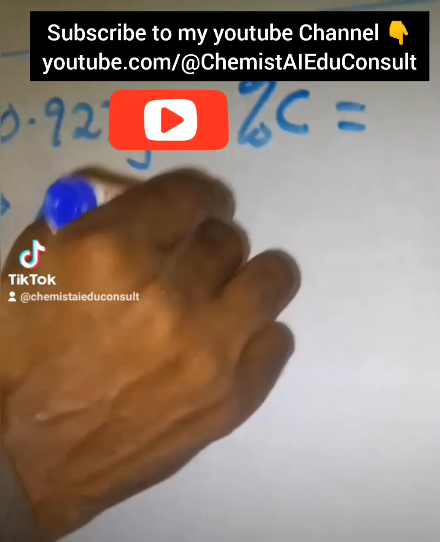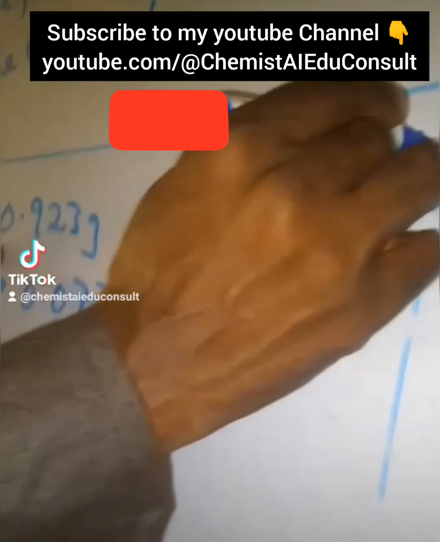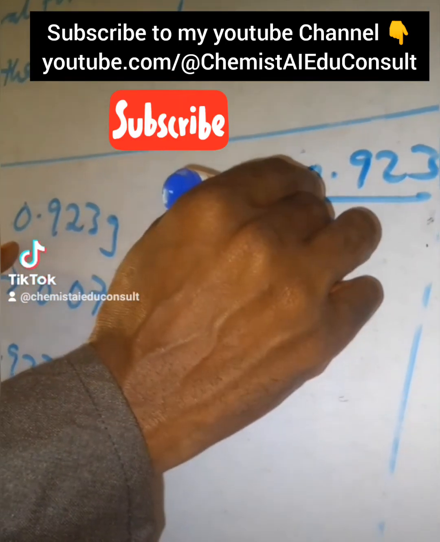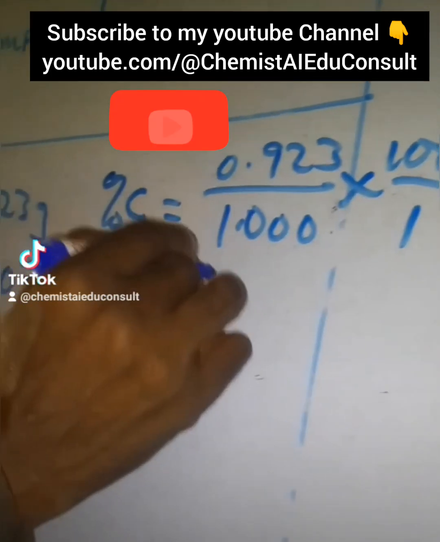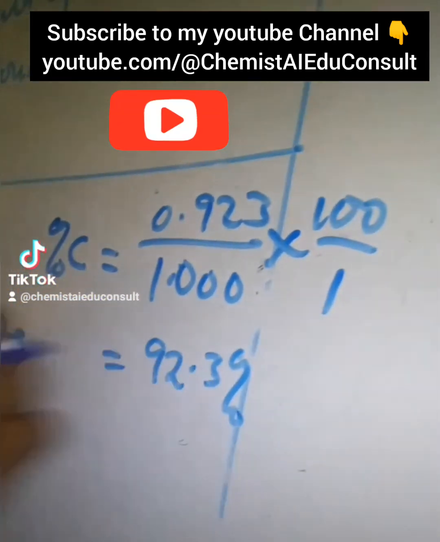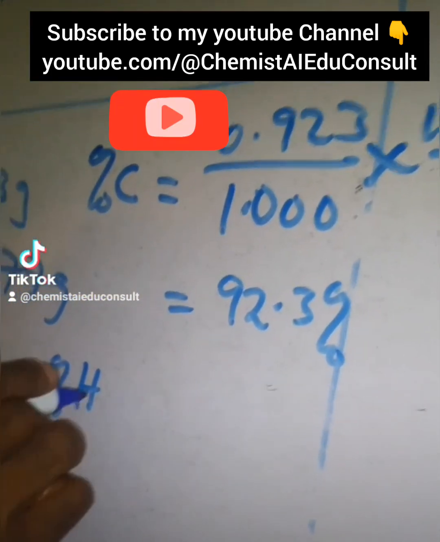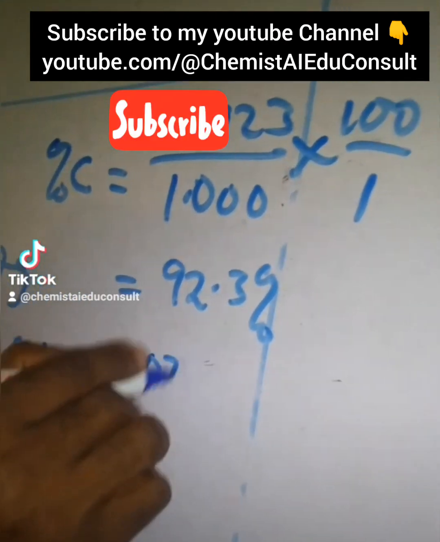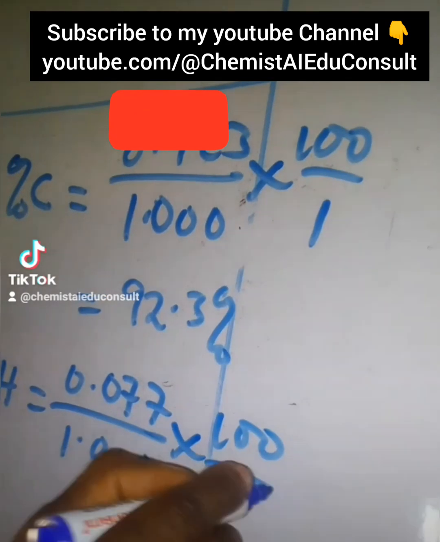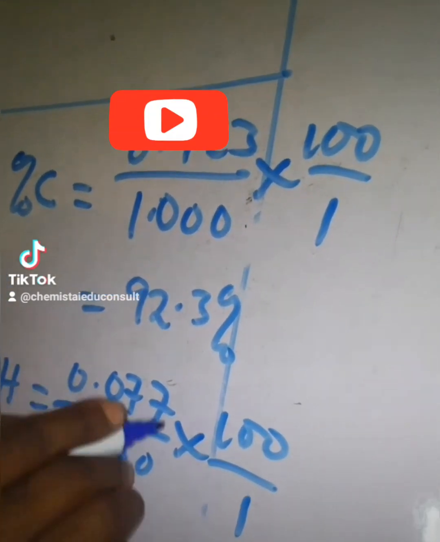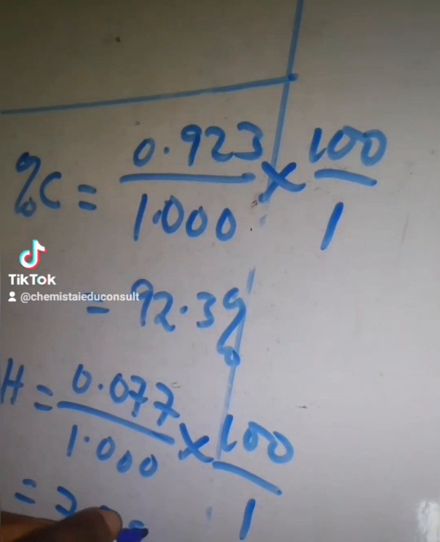Percentage of carbon will give you mass of carbon, 0.923, over the total mass, times 100. So, you are going to get 92.3% carbon. Percentage of hydrogen is going to give you mass of hydrogen over 1, which is total mass, times 100. And if you check, this is going to give you 7.7%.